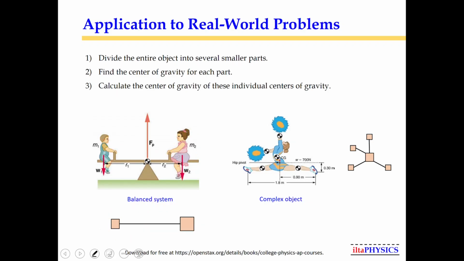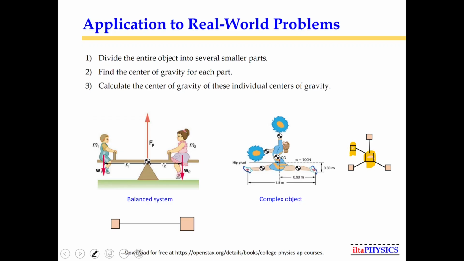The image on the bottom right shows a cheerleader's movements. For complex shapes like this, we divide the entire object into several smaller parts and calculate the center of gravity for each part individually. In this image, the cheerleader's body is divided into 2 arms, 2 legs, and torso, and the center of gravity for each part is found.